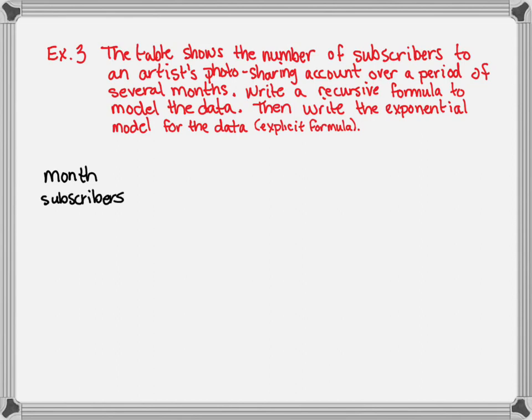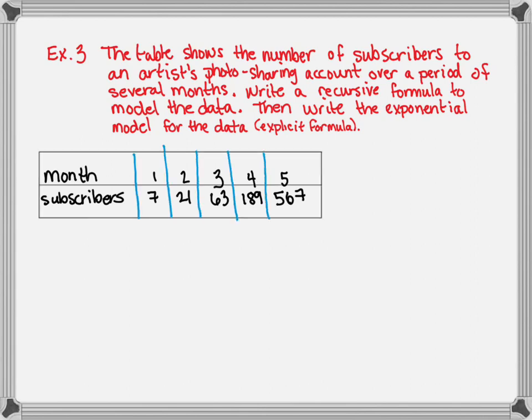Our second row will contain subscribers. We'll have months of 1, 2, 3, 4, 5. And in month 1, we had 7 subscribers. In month 2, we had 21 subscribers. In month 3, we have 63 subscribers. In month 4, we have 189 subscribers. And in month 5, we have 567 subscribers. So this is our table of data.